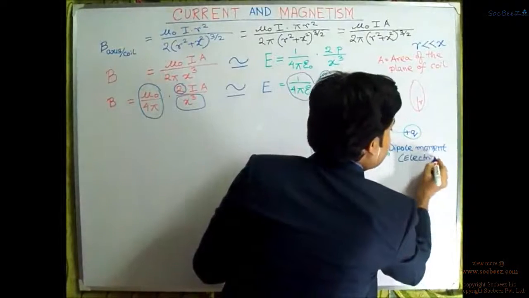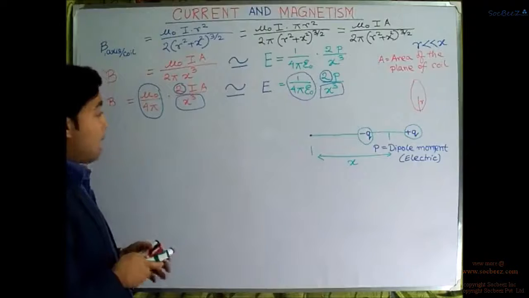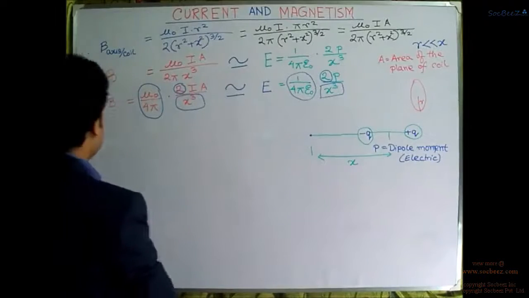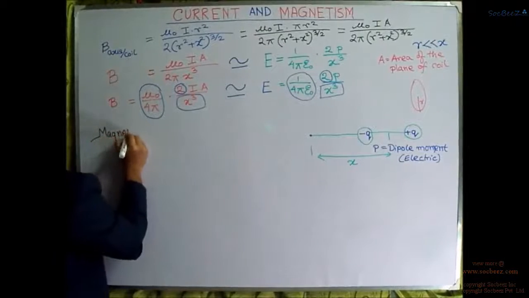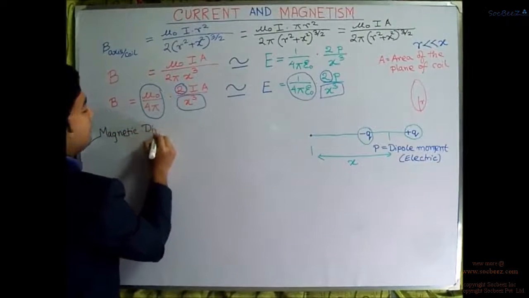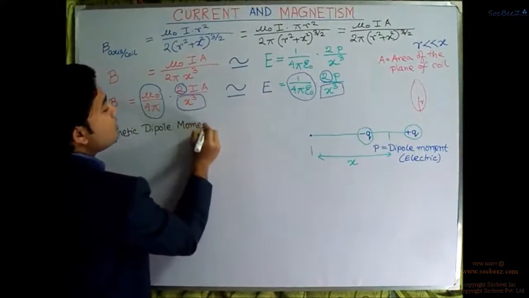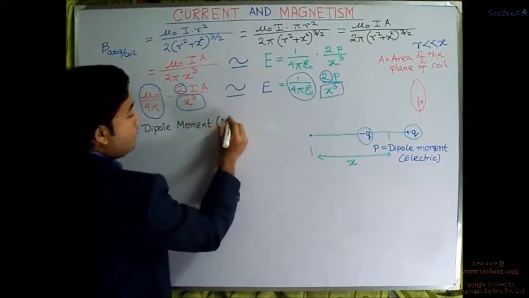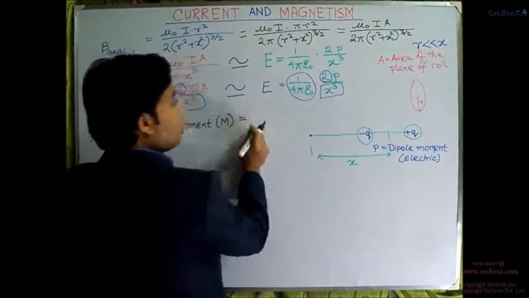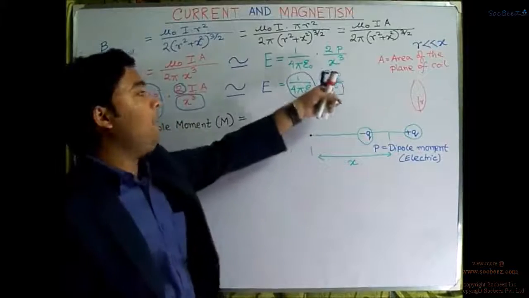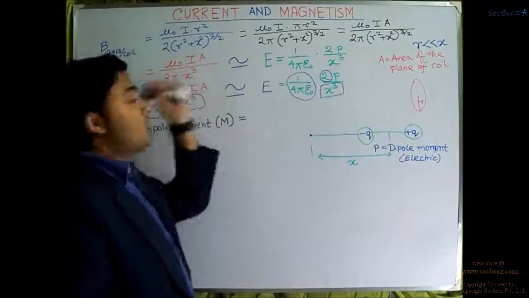Likewise, now we introduce a magnetic dipole moment, which could be represented as capital M. The only left out comparison is P, the electric dipole moment, and over here we have IA.